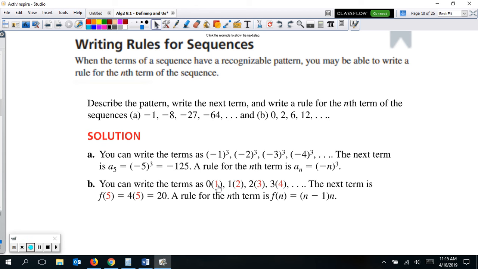Well, the number before that would be 1. So 2 times 1 is 2. And then you go to the third one. Number before that's 2, so 2 times 3, and so on. So on the fifth one, we're going to be doing the number before it, 4. 4 times 5 is 20. So there's our fifth term. So here's our rule. We're just going to multiply our number by the number before it, n minus 1. And so you take 1 away from that number and multiply it by the number you have.